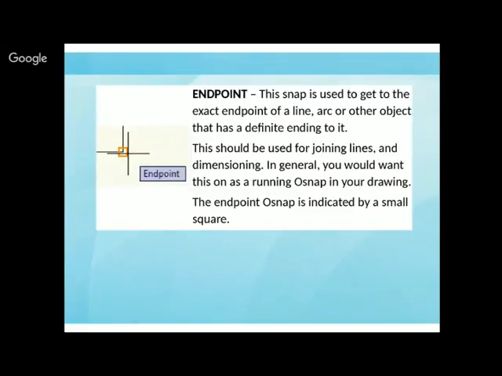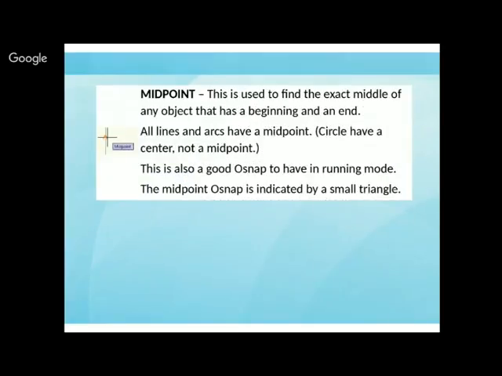The snap is used to get to the exact endpoint of a line, arc, or any other object that has a definite ending to it, right? And this is on your left-hand side. You can see this is the symbol for endpoint, right? Then midpoint. This is used to find the exact middle of any object that has a beginning and an end, right?